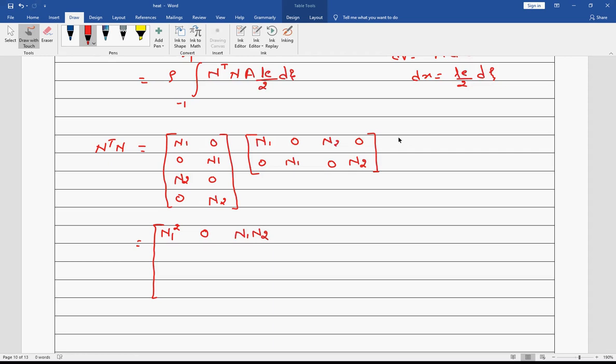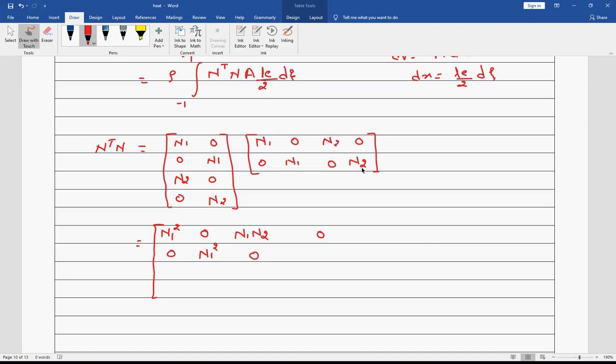First row and fourth column, again 0. Second row and first column, 0. Second row and second column, N1 square. Second row and third column, 0.